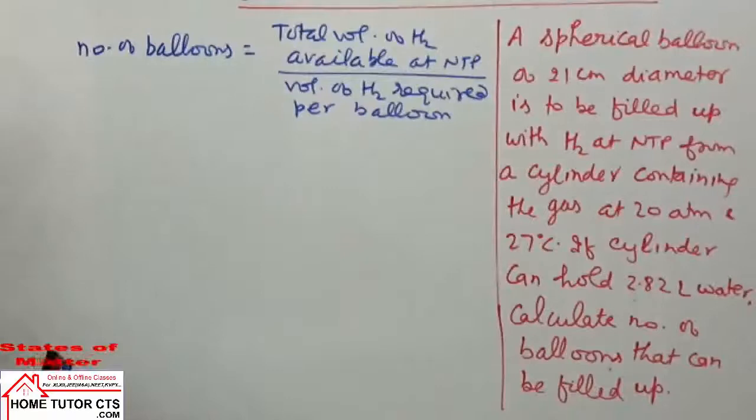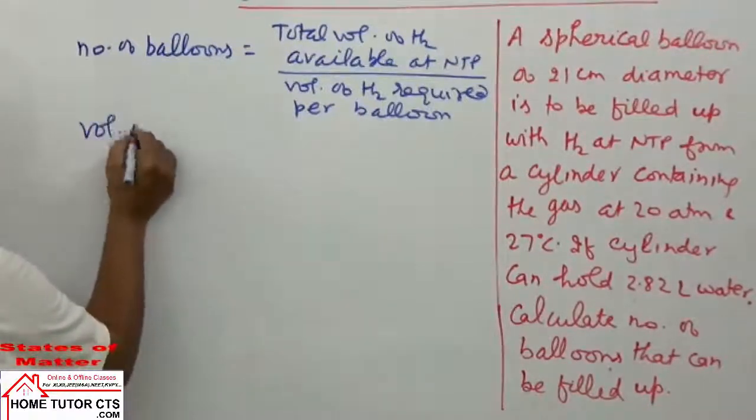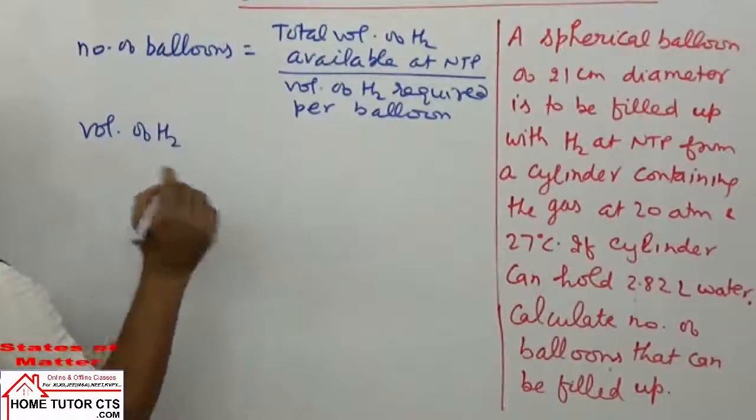So you can target these two terms only. So what can we take first? Volume of hydrogen required per balloon.